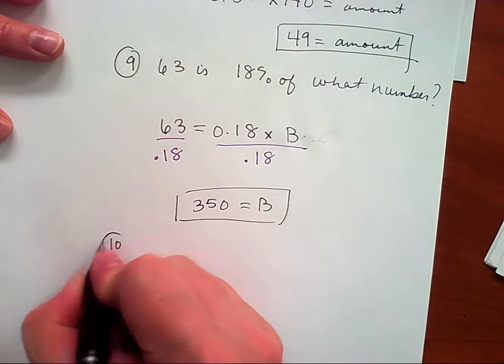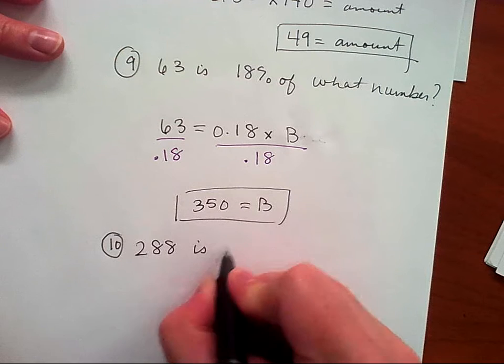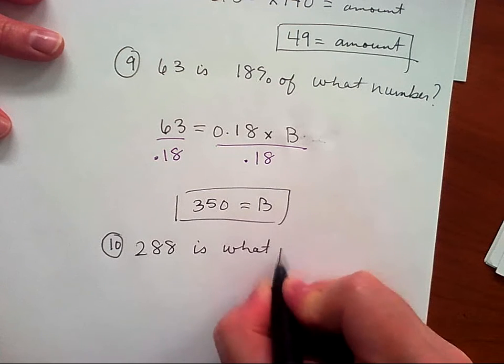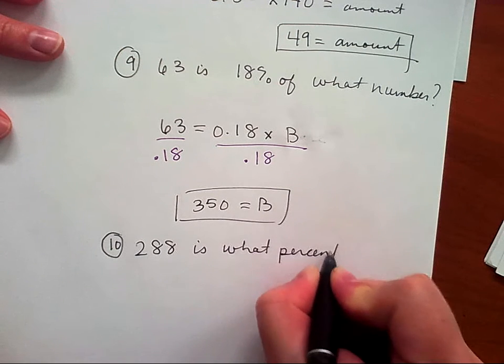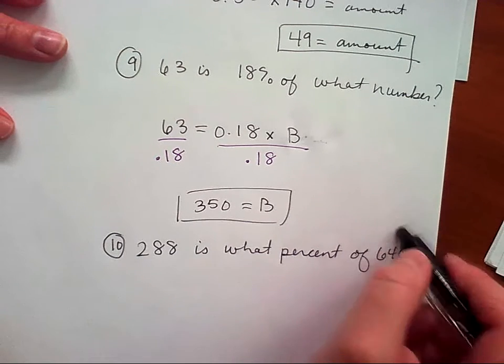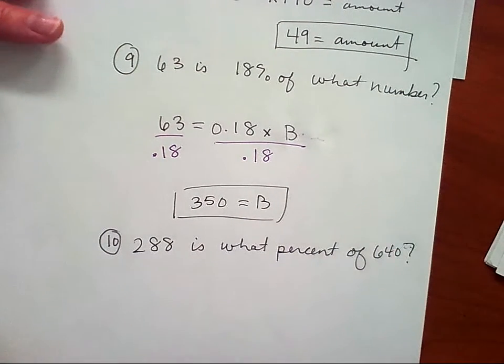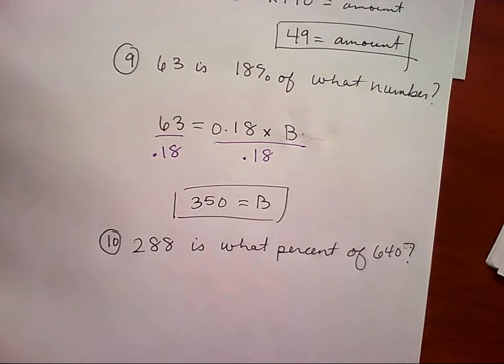Okay, let's do another one. So 288 is what percent of 640? All right, so try to translate it on your own. Translate it to math, like how we're talking about math like it's a different language.